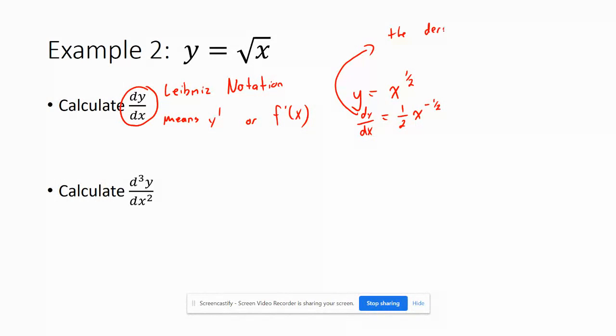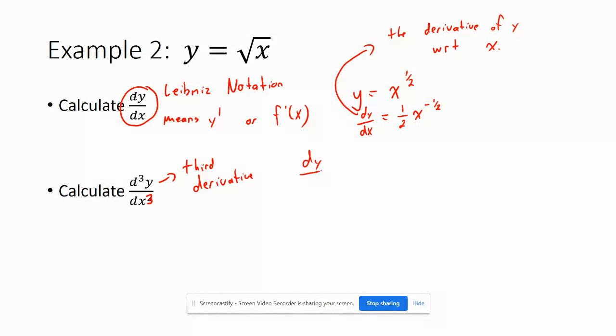And this should be d3y dx cubed, which just means the third derivative. So just different notation you might see.